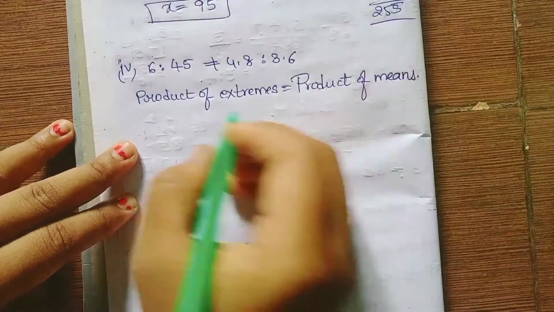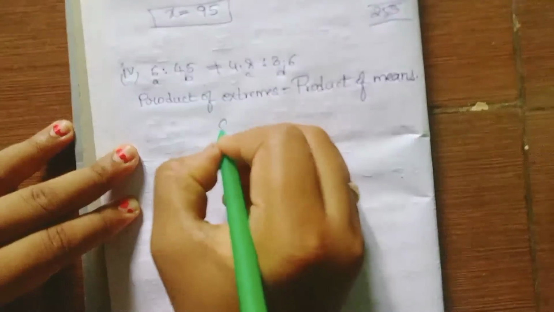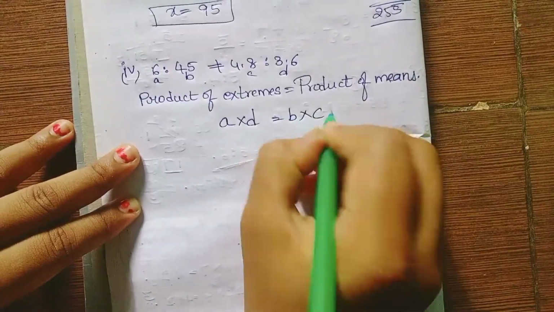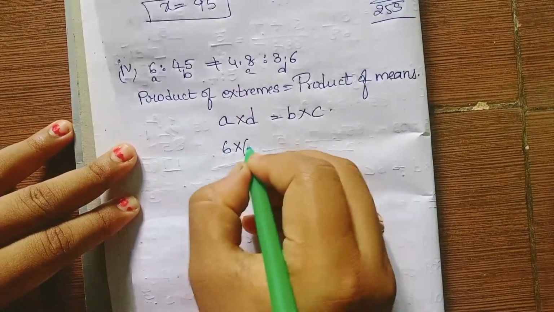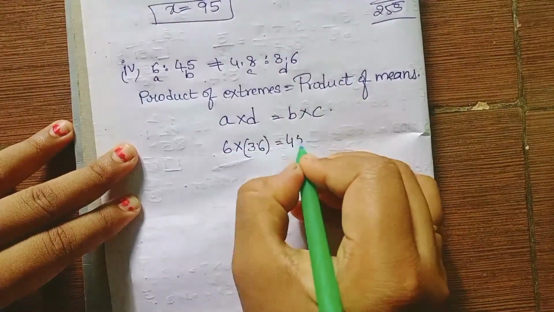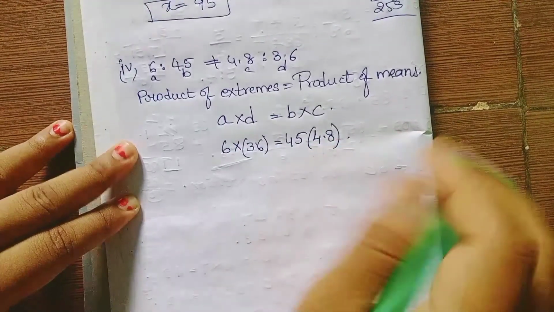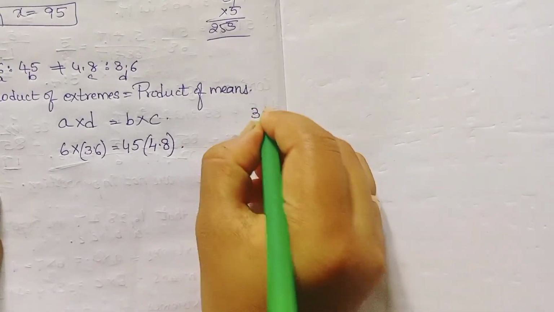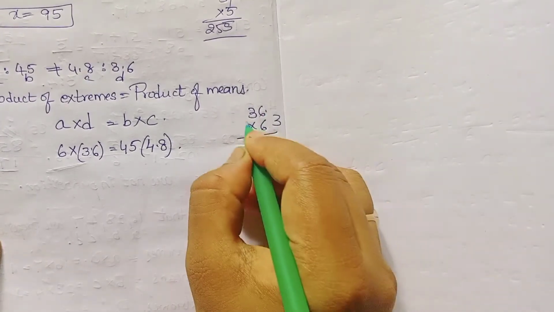Product of extremes A, B, C, D. A into D is equal to product of means B into C. A 6 into 3.6, B 45 into 4.8. 36 into 6, 6 6 36, 6 3 is 18, 19 21.